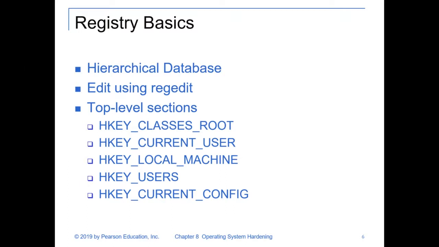All right, so we're going to look at some registry basics. You will edit your registry using regedit. In older versions of Windows, like Windows 95 and 98, the registry is hidden in files called user.dat or system.dat.